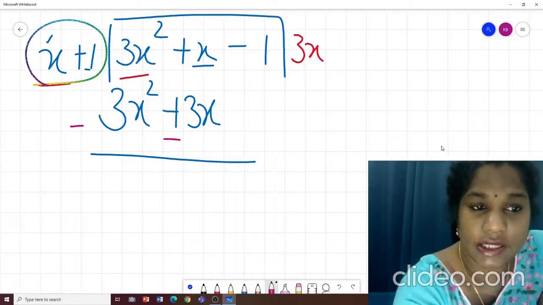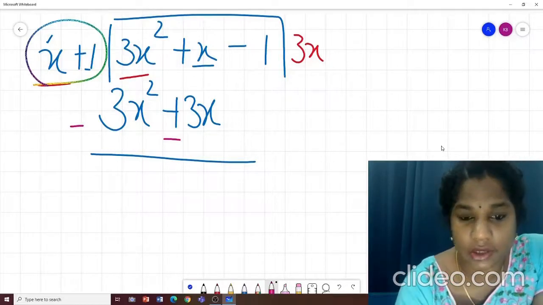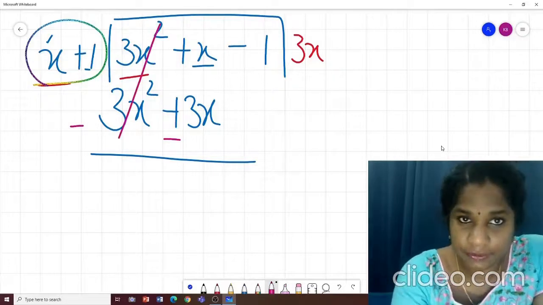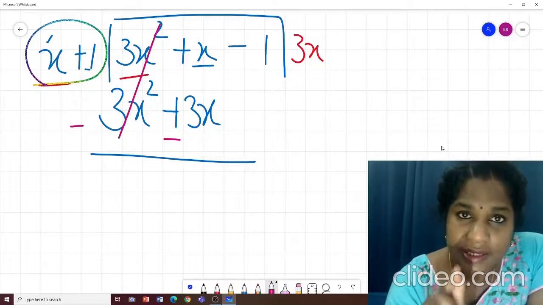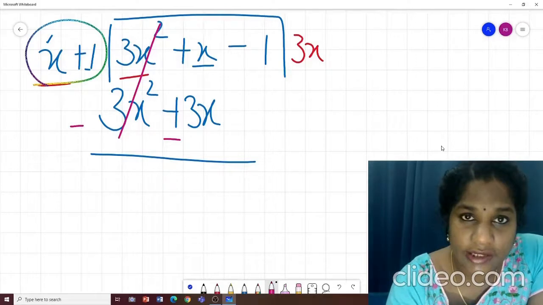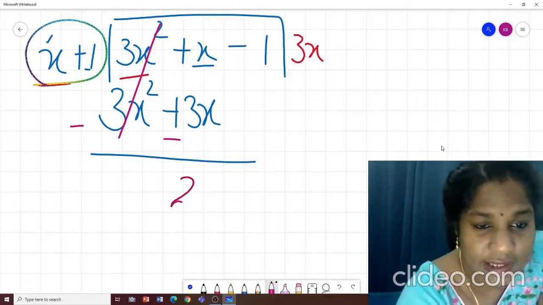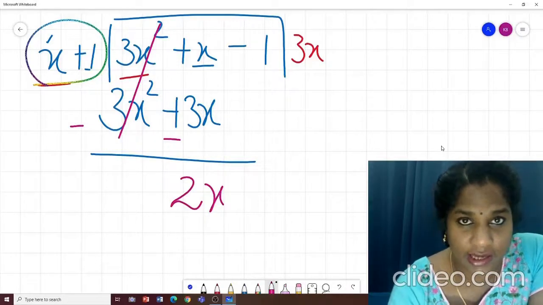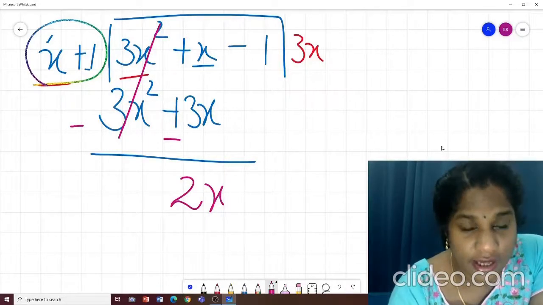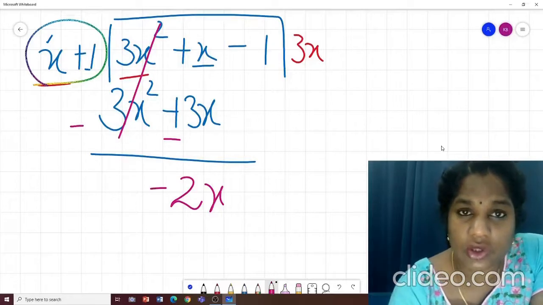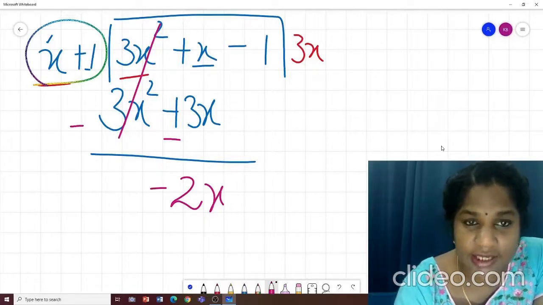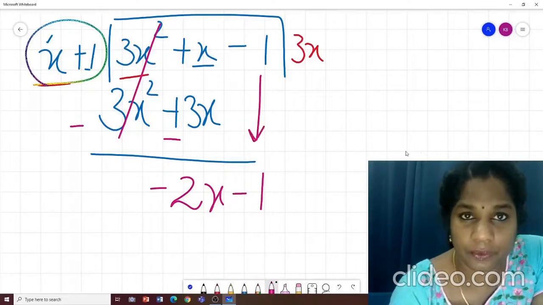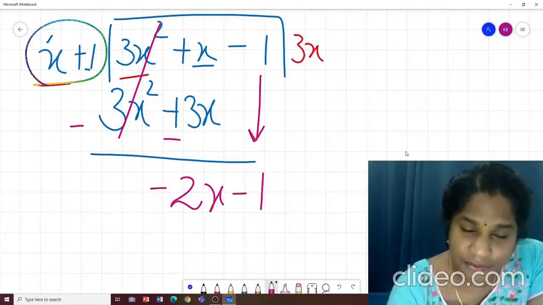So 3x square minus 3x square, what will happen? 0. That will cut. X minus 3x, what will I get? 2x. Is it positive or negative? The greater number is 3x. So greater number is what? Negative. So 2x will also be negative. Correct? Then I will write minus 1. I will get it down. Is it clear till here?